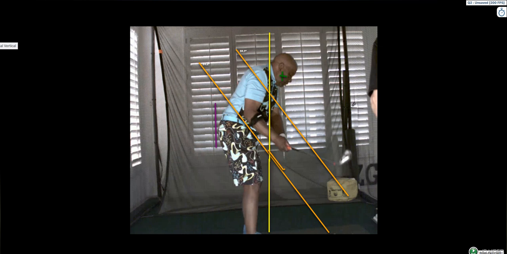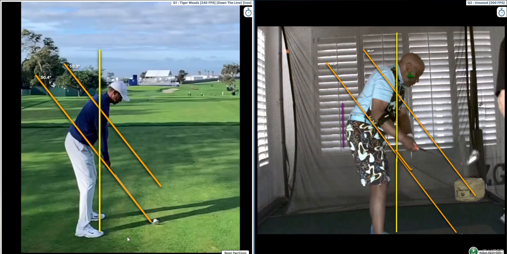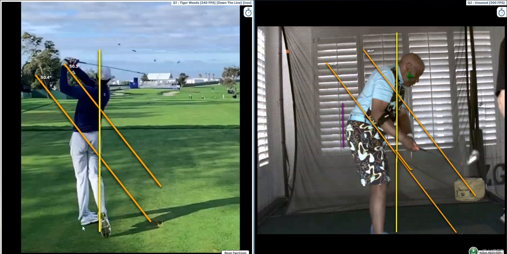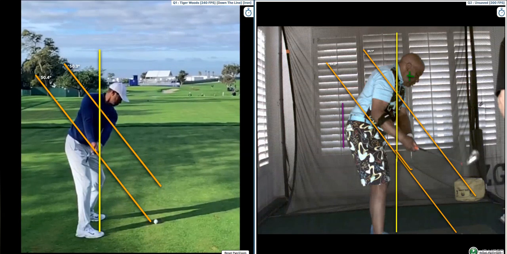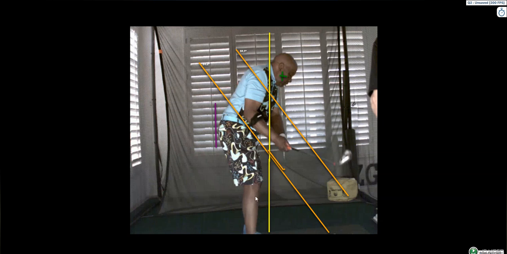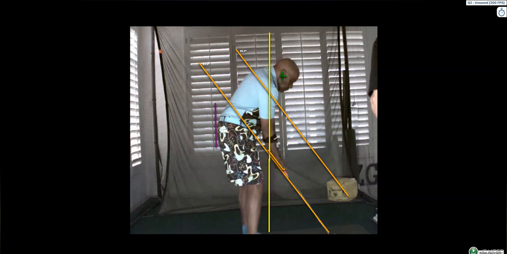You have elements that are really good. If you want to get to a more consistent swing with better distance and control, then we want to have a swing similar to this guy's on the left. Okay, so you can kind of see there's a difference.